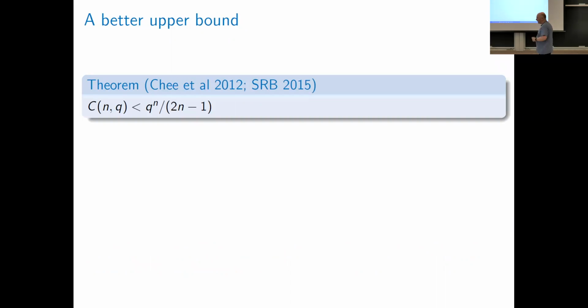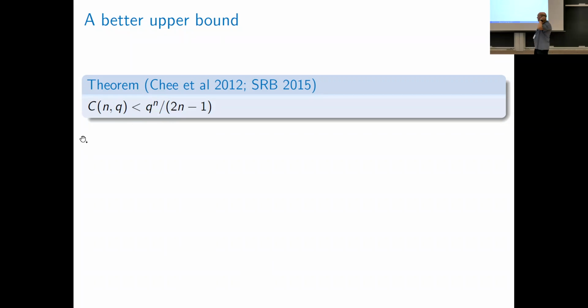Okay, so here is a better upper bound for non-overlapping codes than one that comes from comma-free codes. It's a factor of 2 better. The bound to do with just cycles gave you about q to the n over n, and this is q to the n over 2n.